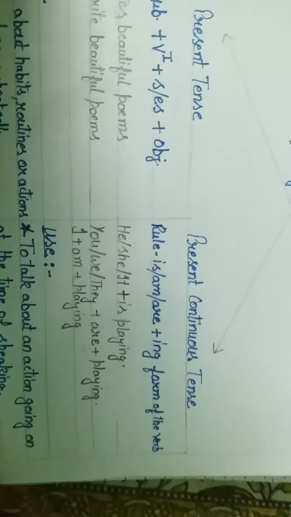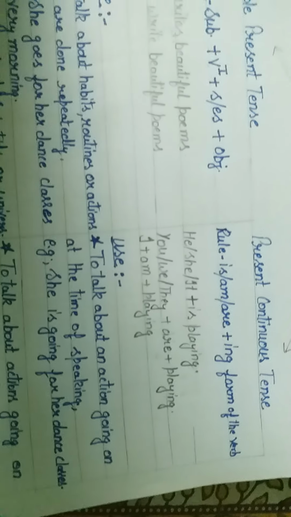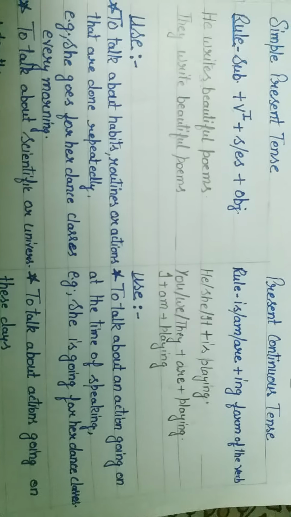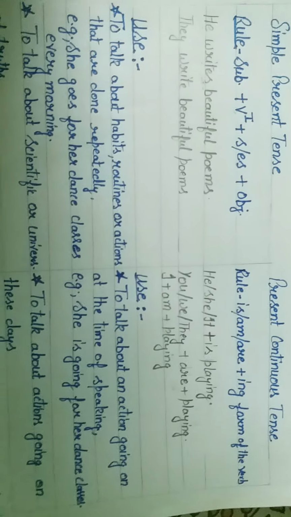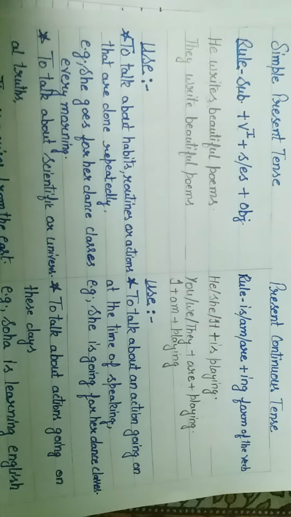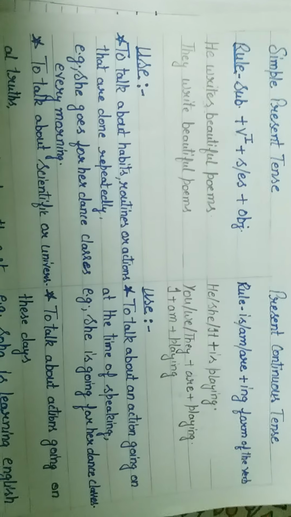Next is present continuous tense. Present continuous tense is used to talk about an action going on at the time of speaking. Means when the action is happening. He is doing, he is cooking, she is taking her meals, she is talking to her friend. Means the action is happening now at the time of the speaking.